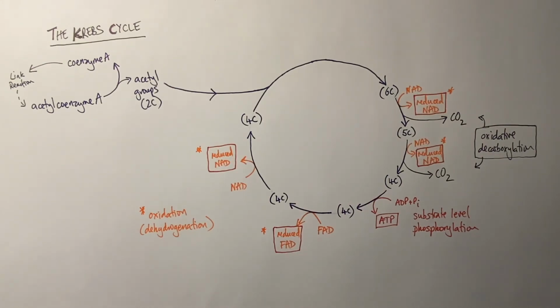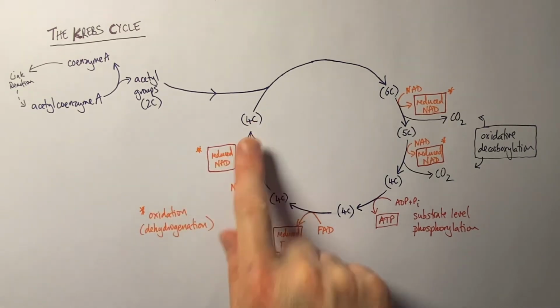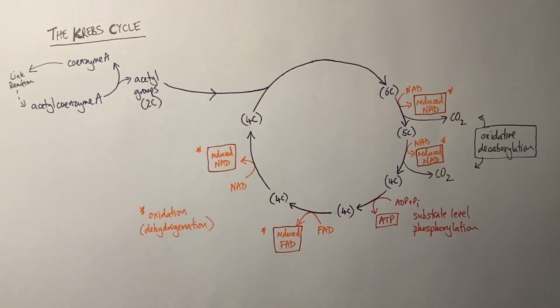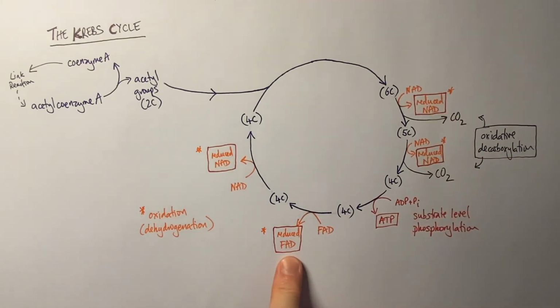So the main parts that the exam board want you to know about for Krebs cycle is that an acetyl group joins with a 4-carbon molecule to form a 6-carbon molecule. That undergoes a series of oxidation reduction reactions in which carbon dioxide is lost, decarboxylation, hydrogen is removed to form reduced NAD and reduced FAD.